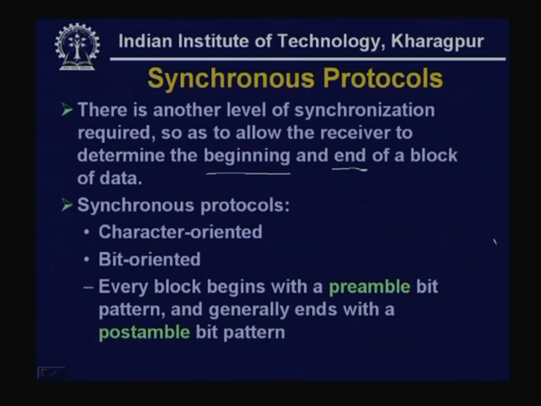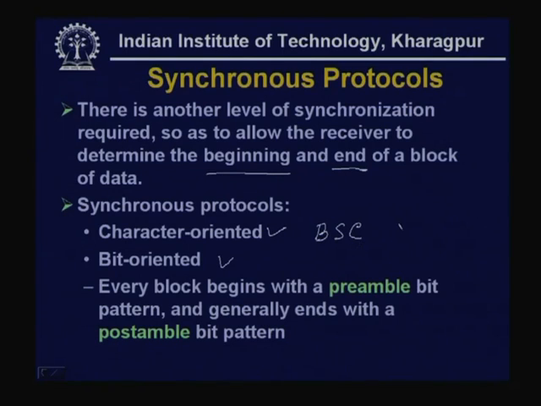And there are several protocols which can be broadly divided into two types: character oriented and bit oriented. An example of a character oriented protocol is binary synchronous communication, or BSC, which is based on characters. So, a sequence of characters are sent one after the other.